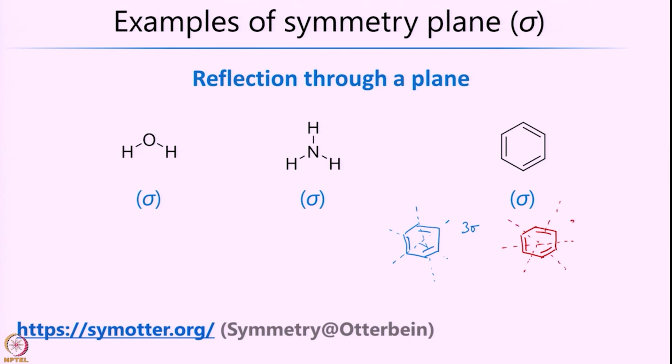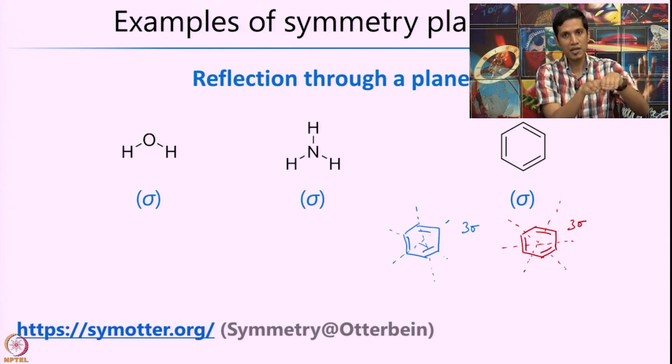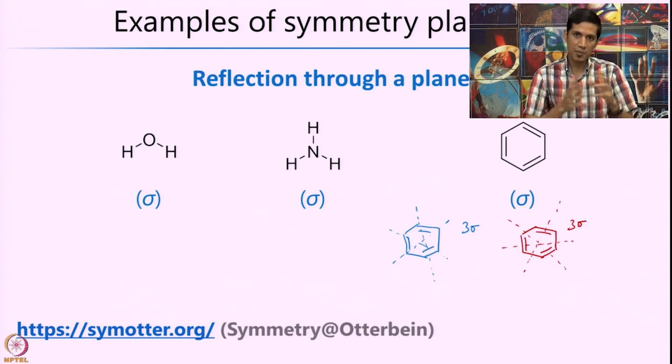So this is 3 sigmas through the bonds and 3 sigmas through the atoms, right, and these are a little more intuitive. Whereas another one which people typically miss is that if I have a benzene, I can also slice through it, or I can have a plane going across the atoms, and that would also give me a sigma. So in total I will have 7, that is one is the horizontal and the other 6 are vertical. Among the 6, 3 are going through the atoms and 3 are going through the bonds.